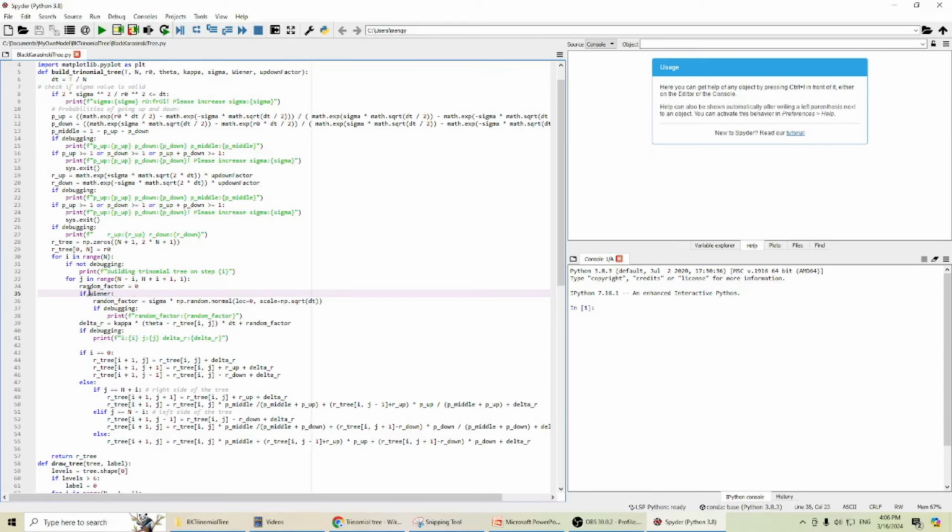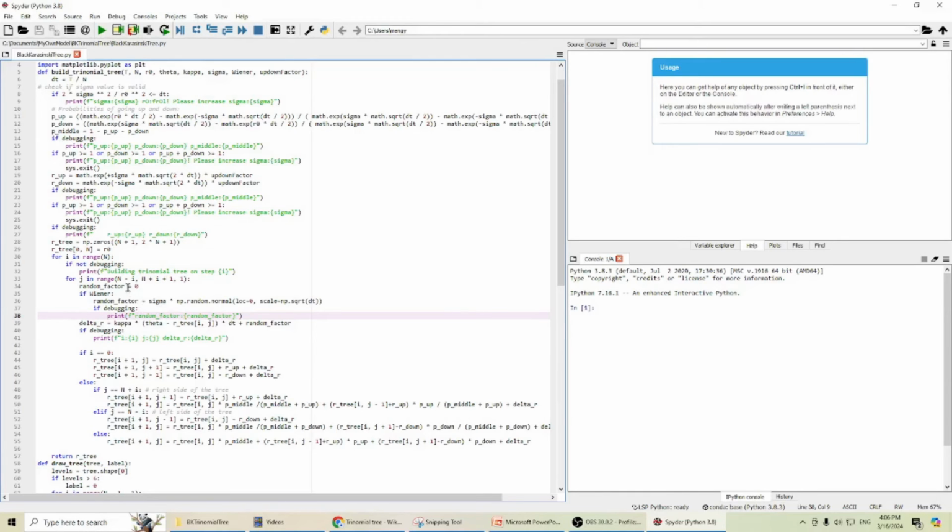You can see I use Wiener here. If this is true, I will consider this random factor. In other words, I will consider sigma. And if we add a random process here, sometimes it's very difficult for us to validate our model.